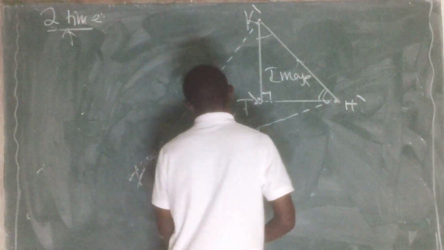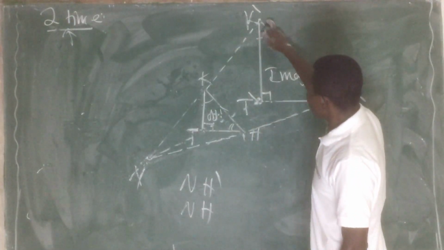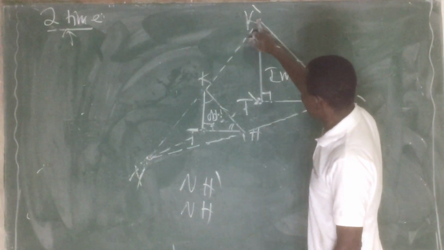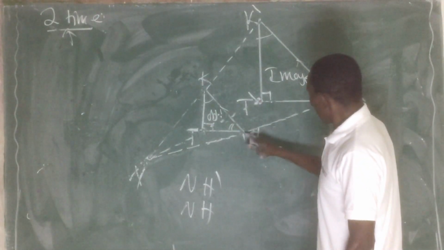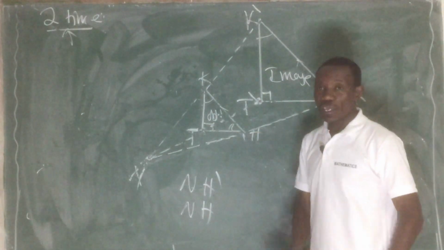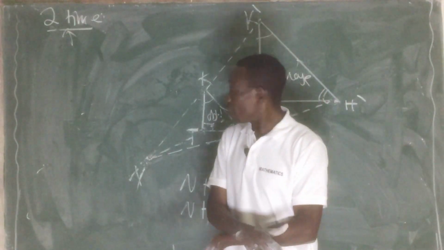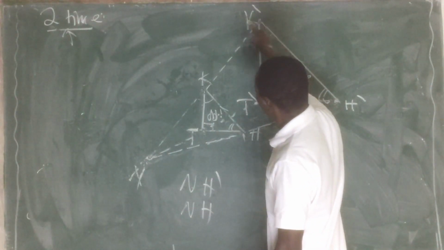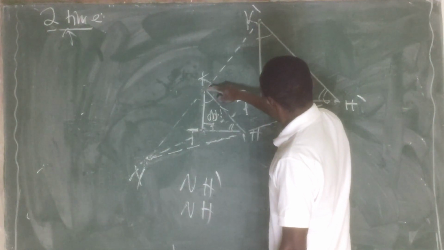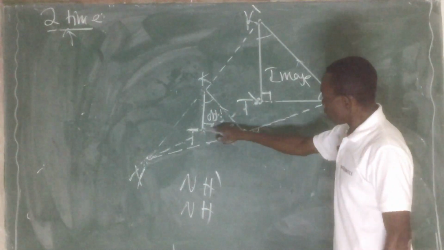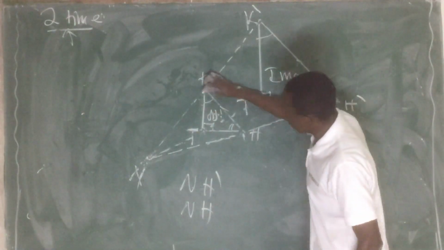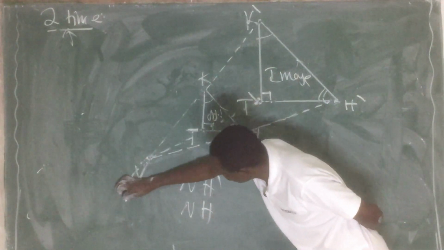Center of enlargement. The center of enlargement is the point where the lines connecting the object point and the image point, for K, T and H, intersect. So just take the lines KK', TT', HH', and when they're extended, obviously they're going to intersect at this point here.